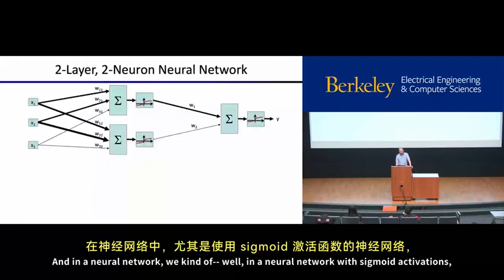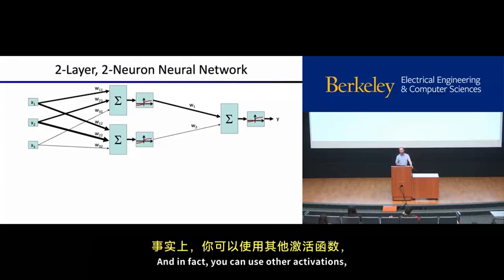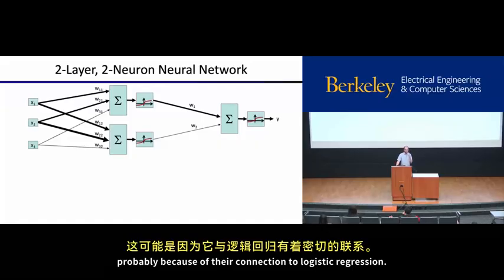And in a neural network with sigmoid activations, we are basically combining logistic regression pieces end to end. In fact, you can use other activations, but the initial activations that people tried were sigmoid activations, probably because of their connection to logistic regression.